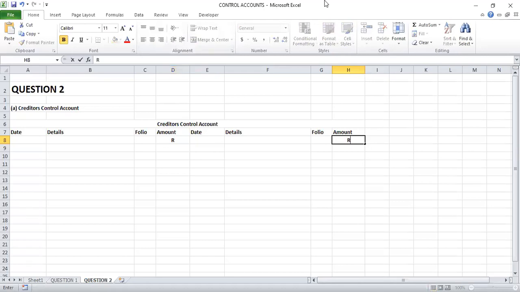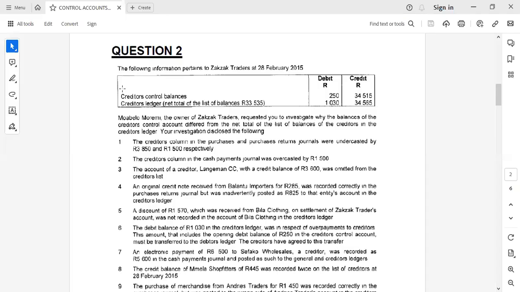We start with our opening balances that we have here on 28 February 2015, which are 250 and 34,515.